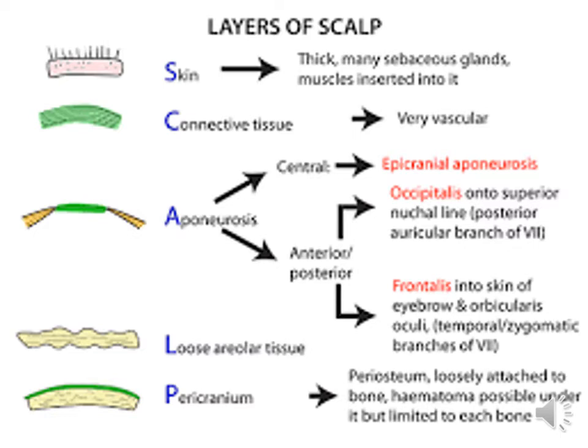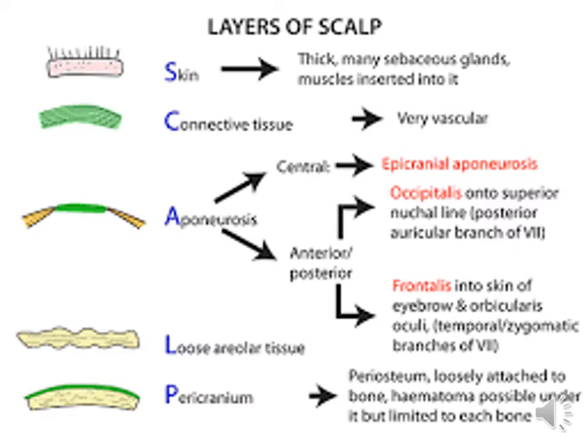The third layer is the aponeurosis, the epicranial aponeurosis, which has a muscle with its origin or insertion, the occipitofrontalis muscle. The occipitalis muscle attaches onto the superior nuchal line, supplied by the posterior auricular branch of the facial nerve.